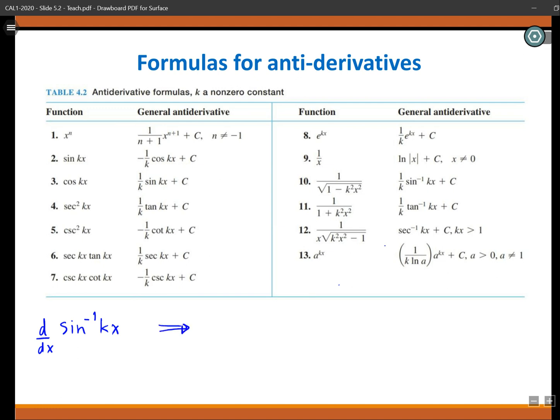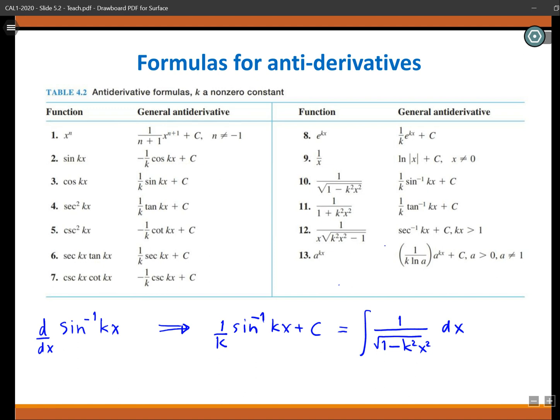In the end, I have this equation: 1 over k arcsine of kx plus c. After some integration, I have this constant c from the indefinite integration, and this is equal to the integration of 1 over square root of 1 minus k square x square. This is what I got in the end.